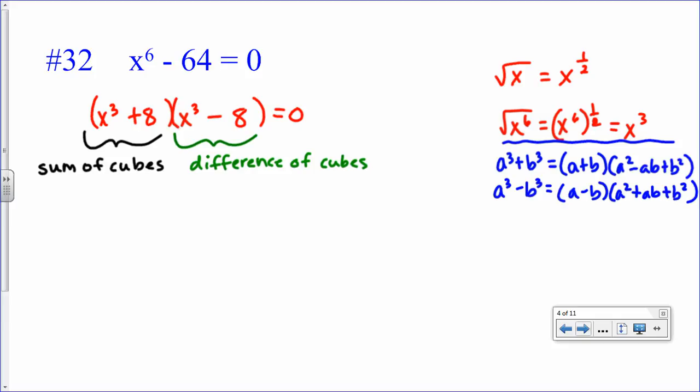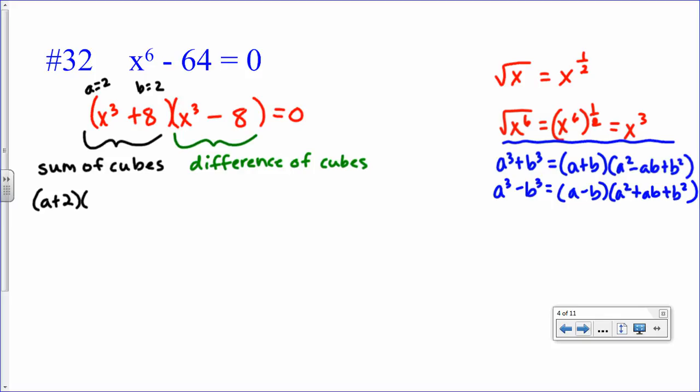But a is just going to be x, so the cube root. And b is just going to be, what's the cube root of 8? 2. Okay, so it's a plus 2, and you follow the signs exactly.